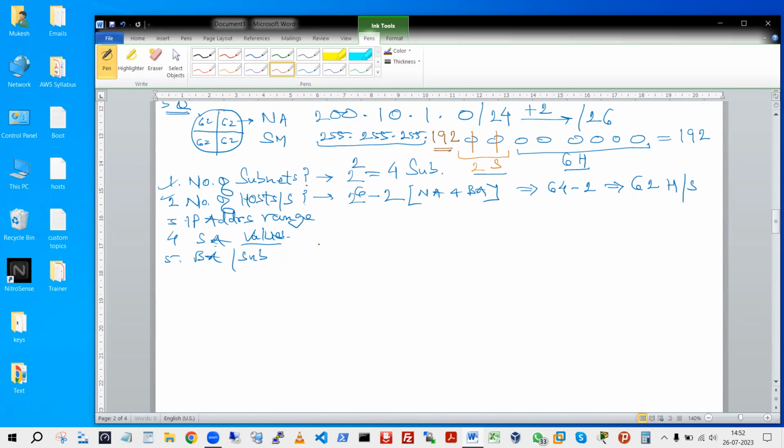Mask value is 192. Subtract this mask value from standard value. यानी फॉर्मूला कुछ ऐसा बनता है, standard value minus mask value gives you subnet address value.